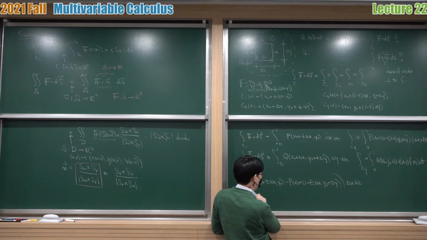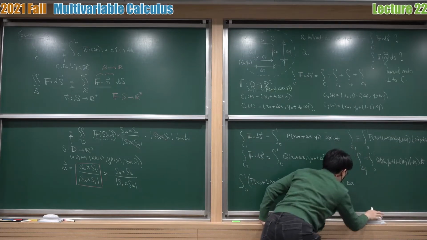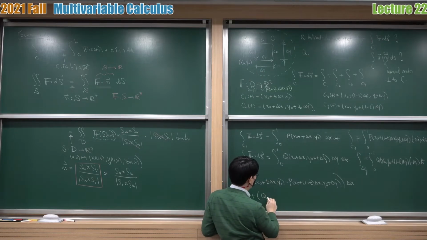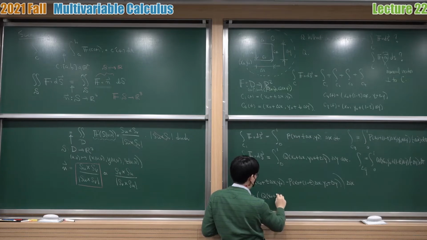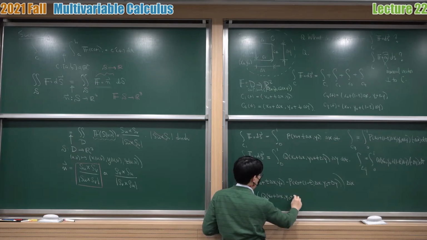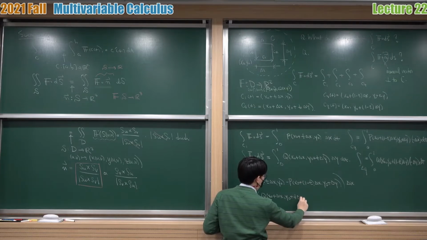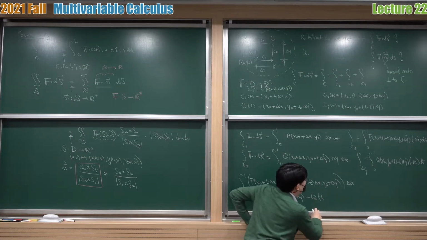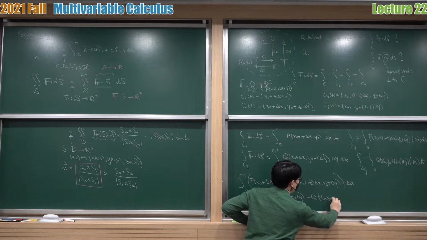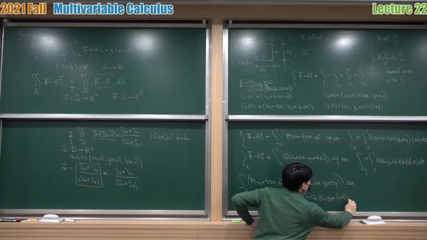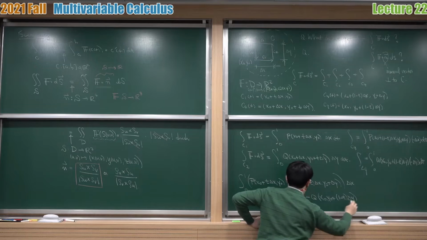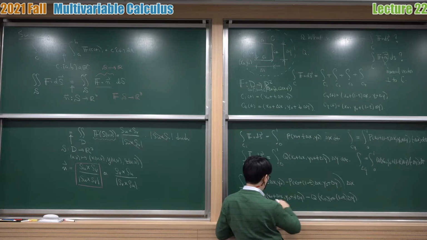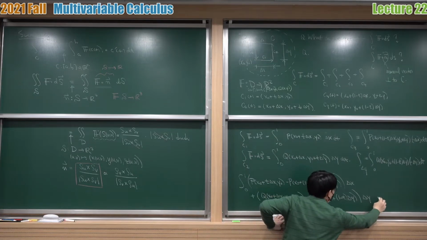And well, before we put dt, we have Q(x0 plus delta x, y0 plus t delta y) minus Q(x0, y0 plus (1 minus t) delta y), and let's see, I had a parenthesis here, so delta y and dt, right?